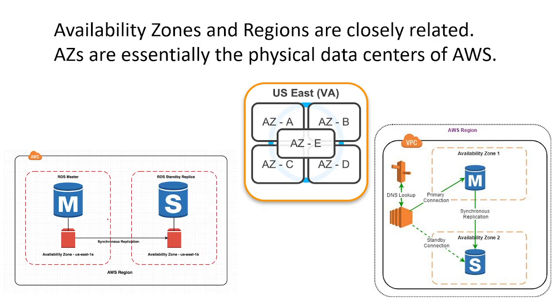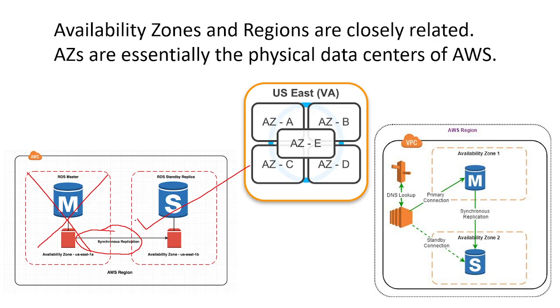Remember, this is the connection that we are talking about, the low latency connection between two AZs. So if the master fails, then the standby replica will come into action and serve the purpose. That's the purpose of the availability zones.